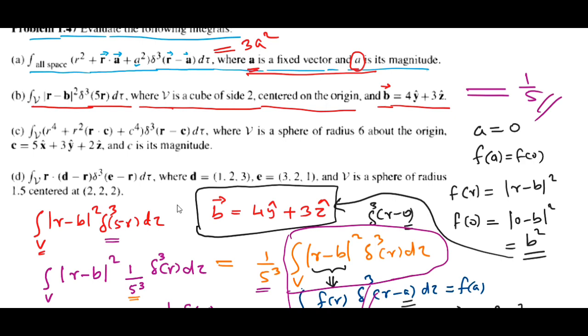The remaining two questions, question C and question D, you can do as homework. This is a very simple question. Be careful that here it is given this volume integral, where V is the sphere of radius r about the origin. You have to check first whether this radius r comes within the domain of the integral.